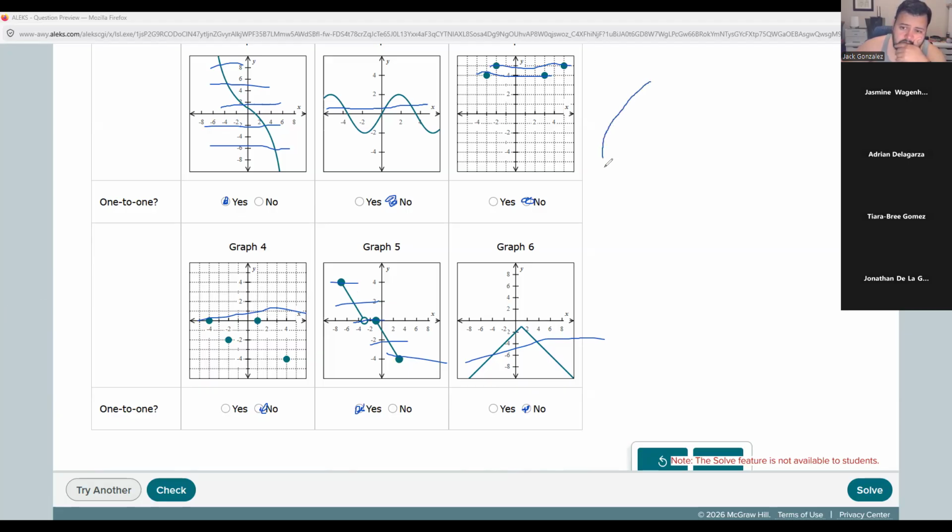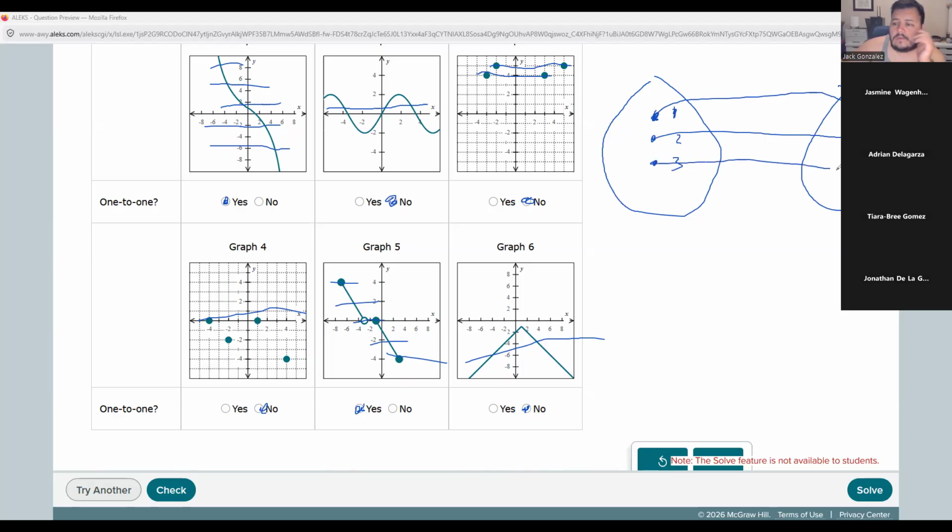We also defined a function last time. We said, well, as long as every point, let's say 1 to 3, as long as all these points go to a unique spot, then it is a one-to-one function.